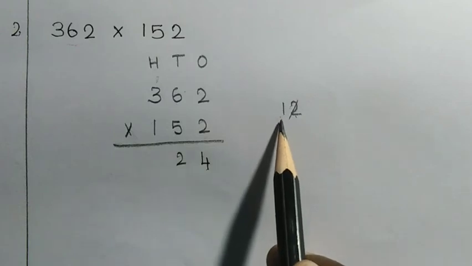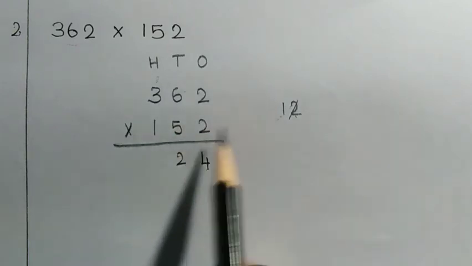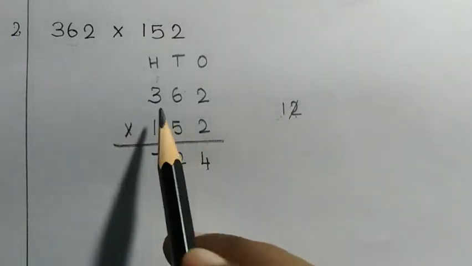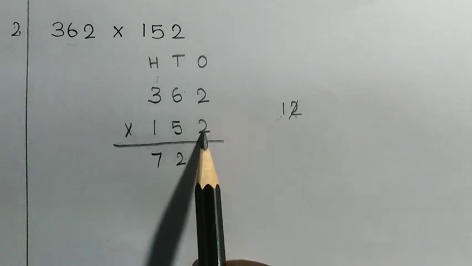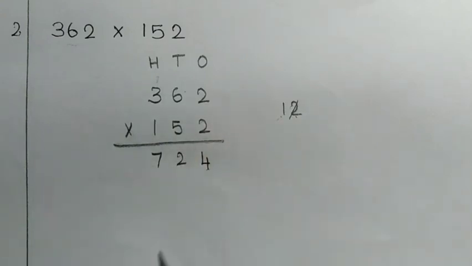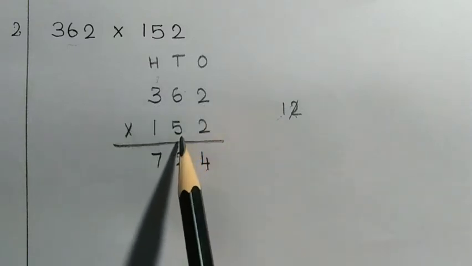So let the 1 be here itself. 3 2s are 6. 6 plus 1, 7. So 362 multiplied by 2 will give you 724.